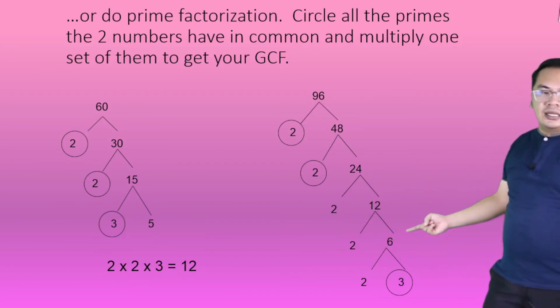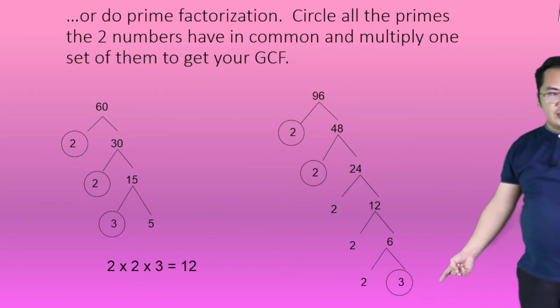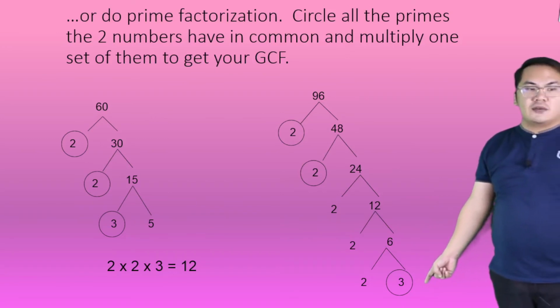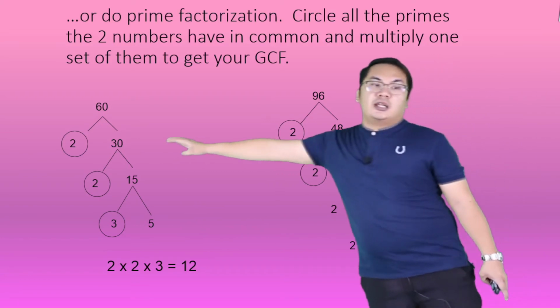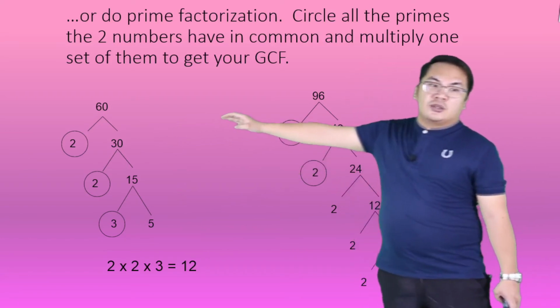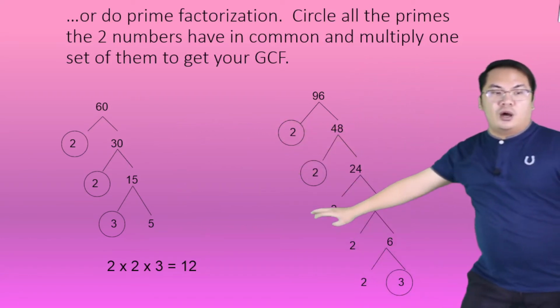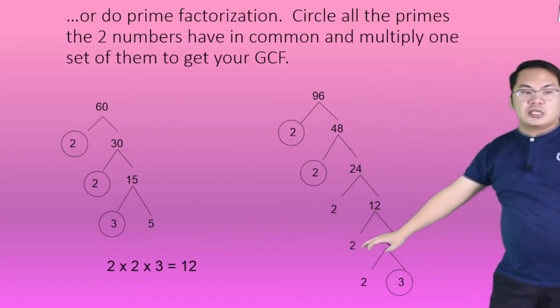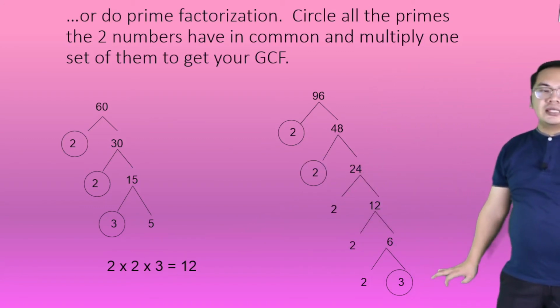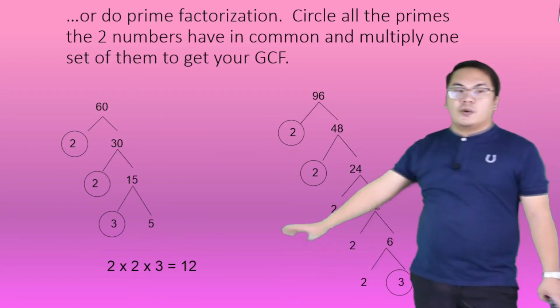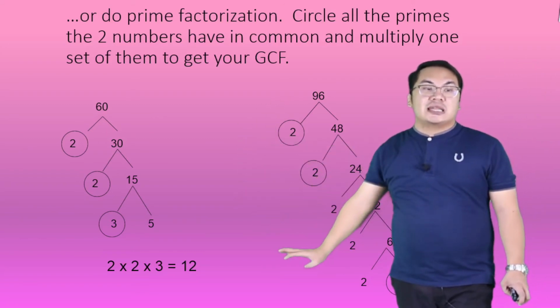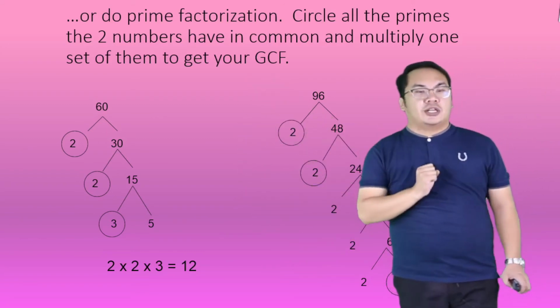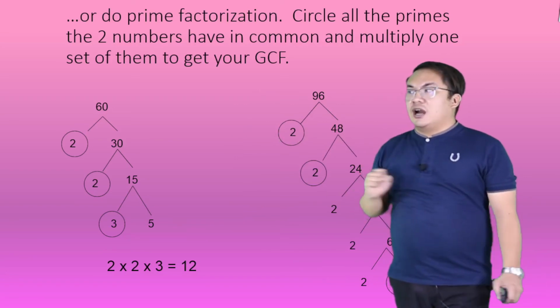Then 6 divided by 2 is 3. Alright? In the prime factorization, how many 2's do they have in common? There are two 2's and one 3. So 2 times 2 times 3 equals 12. You're just going to get the common numbers that they have in the prime factorization. Clear? Alright, that's good to hear.